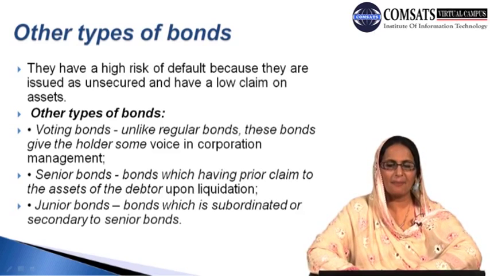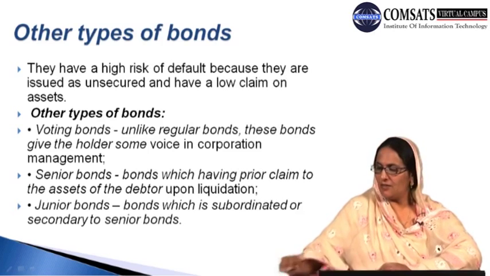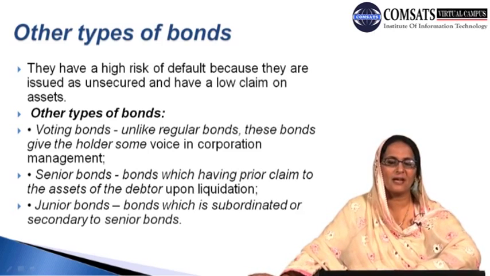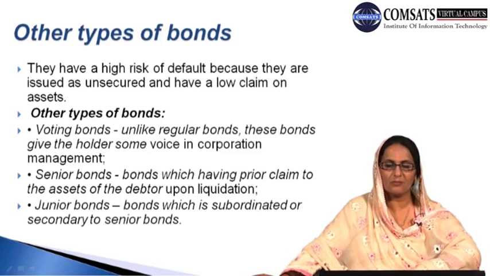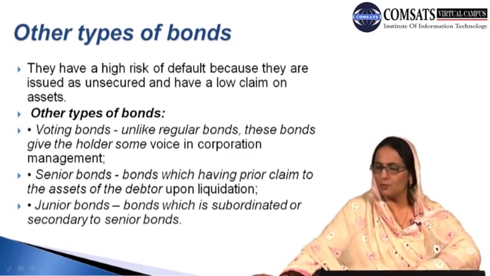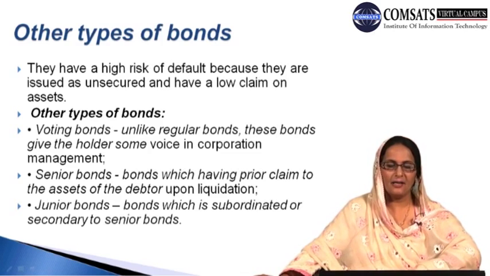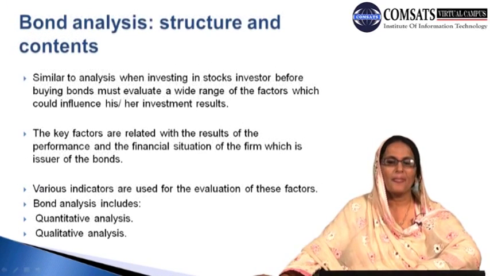Then we have the third type of other bonds, which are known as junior bonds. These bonds are subordinated or secondary to the senior bonds. So we have different important types of bonds. First are known as voting bonds. Second important type is known as senior bonds, and third are known as junior bonds, which are basically subordinated or secondary to the senior bonds.